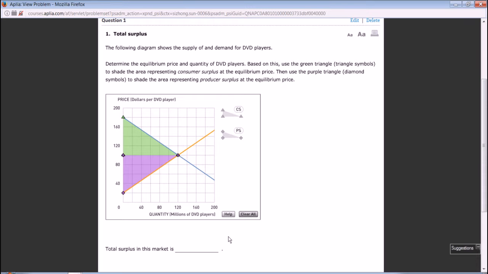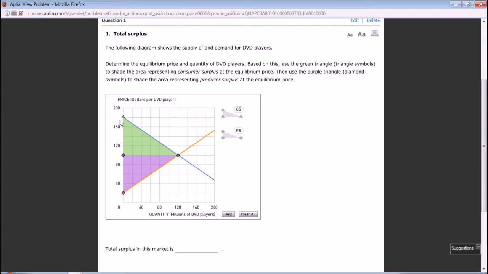So we should calculate the area of this green triangle, which is the length of this side, which is 180 minus 100, so the length of this side is 80. The length of this side is 120.